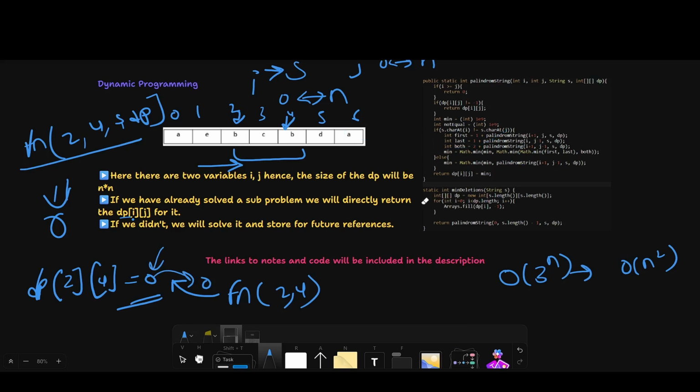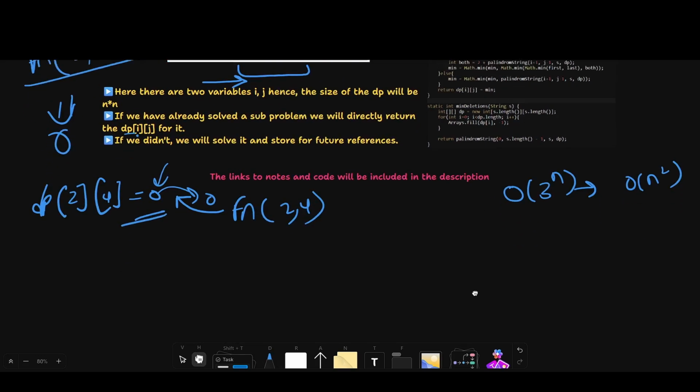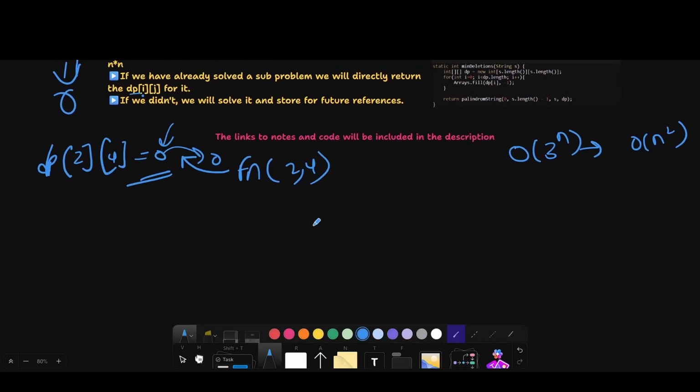So this is the dp. How will we initialize it? We'll create a dp first of the same length as the string. i can go from 0 to n, j can go from 0 to n, and we fill the dp array with -1. Because if we don't fill the dp with -1, in Java, if you initialize any array, it will initially hold the value 0.